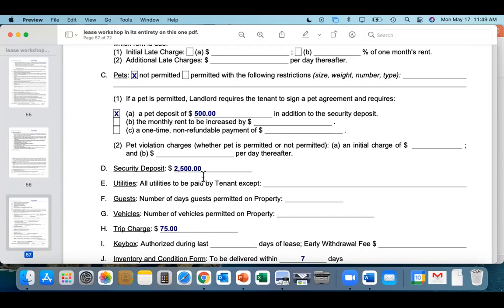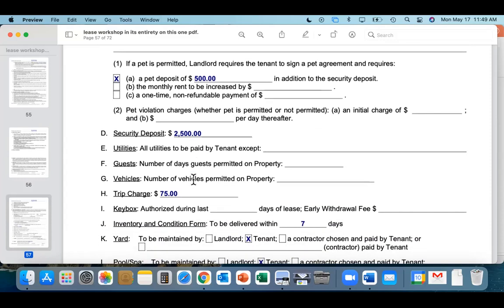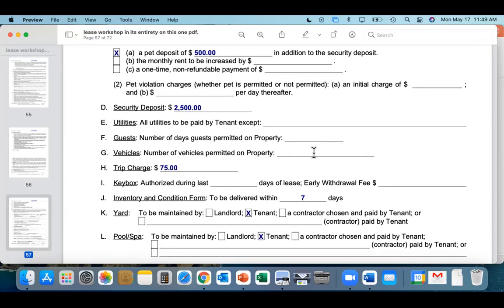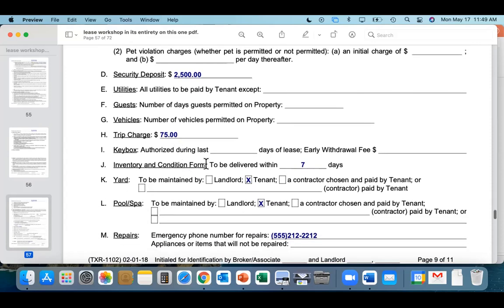Of course, the big one, the security deposit. In here, if there are utilities that he wants specifically paid by the tenant or not, how many guests he wants on the property, the vehicle number, trip charge. Key box authorized during the last 30 or 60 days. Remember, that's in the lease. This is where it comes from.